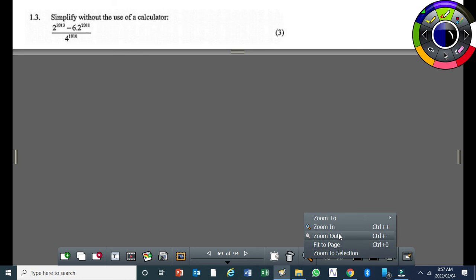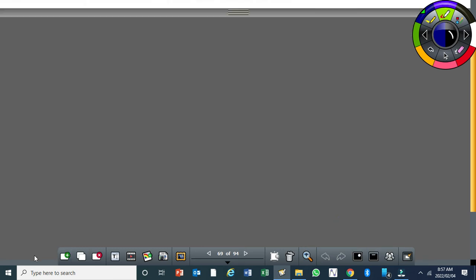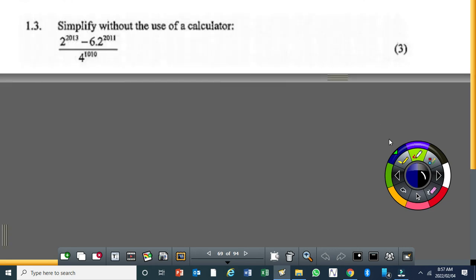Can you simplify this, please? Please just write class exercise.